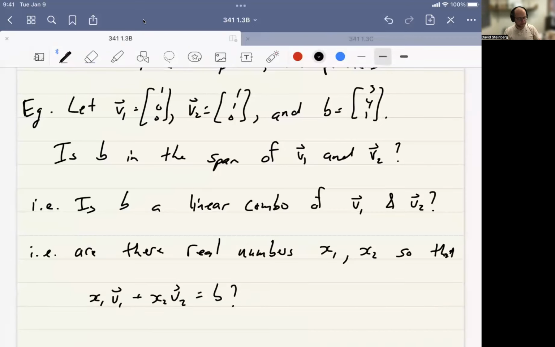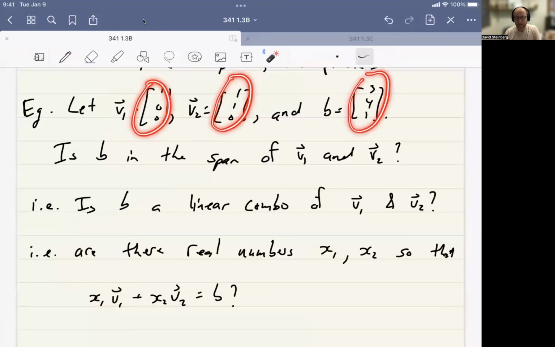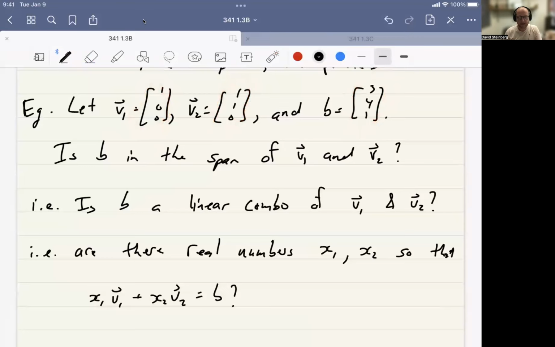Okay, and based off of the summary that we just saw, all we need to do is create the matrix whose first column is v1, whose second column is v2, whose third column is b, and see if it represents a linear system that's consistent or inconsistent.